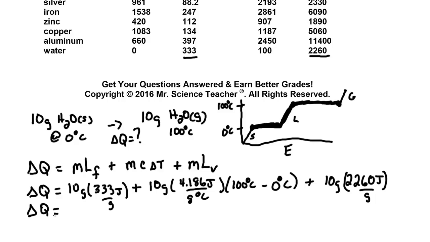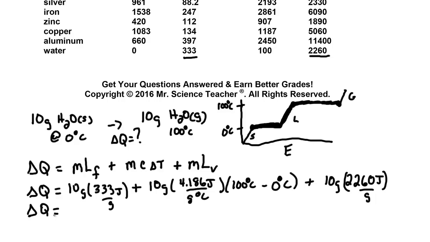So now we have to get out our calculator. We're going through all those states of matter changes. So we have 10 multiplied by 333 plus 10, multiply that by 4.186, multiply that by 100. And then we're going to add 10 times 2260.